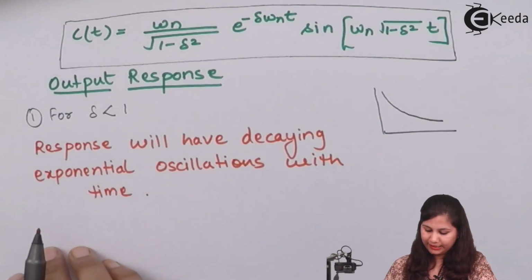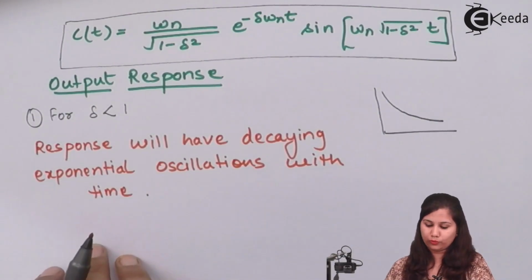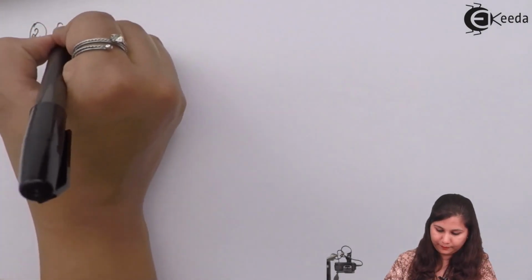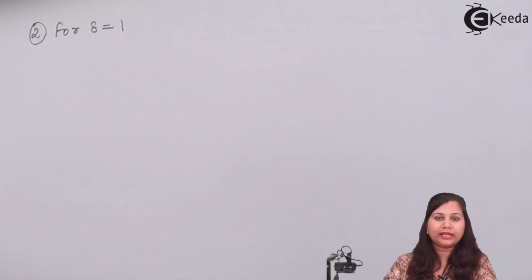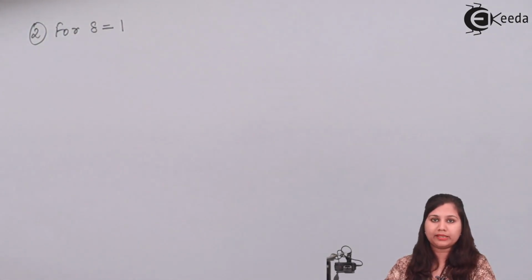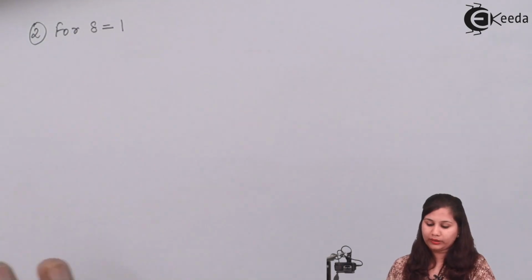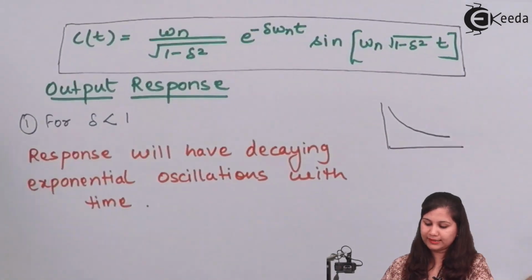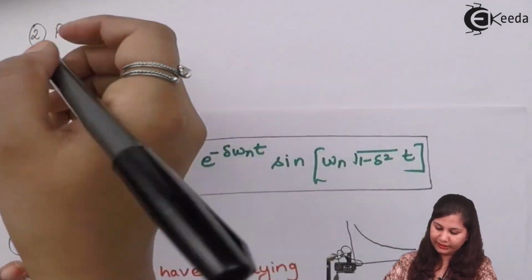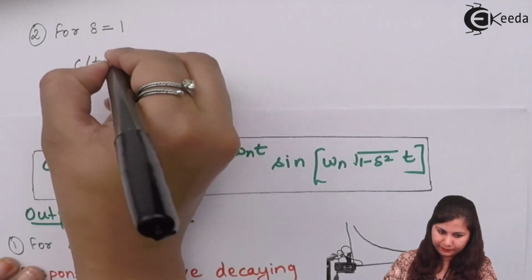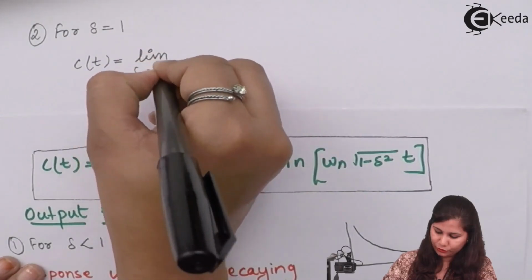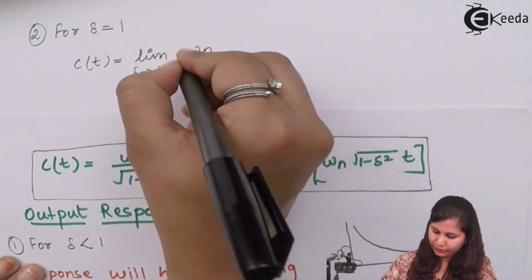Now we will consider the second case when delta equals 1. So for delta equals 1, we are going to apply the limit delta tends to 1 on this output response equation. So our output response equation is this, what we have obtained. Let's write it here. We will apply the limit delta tends to 1 on this output equation.